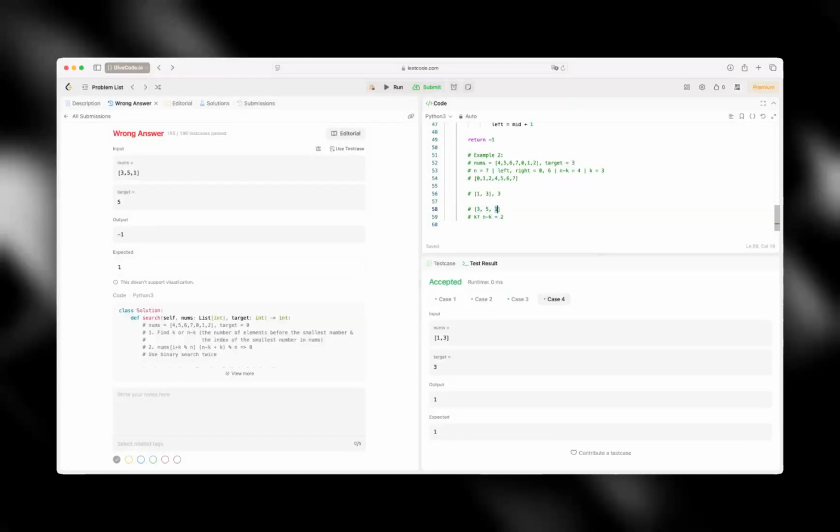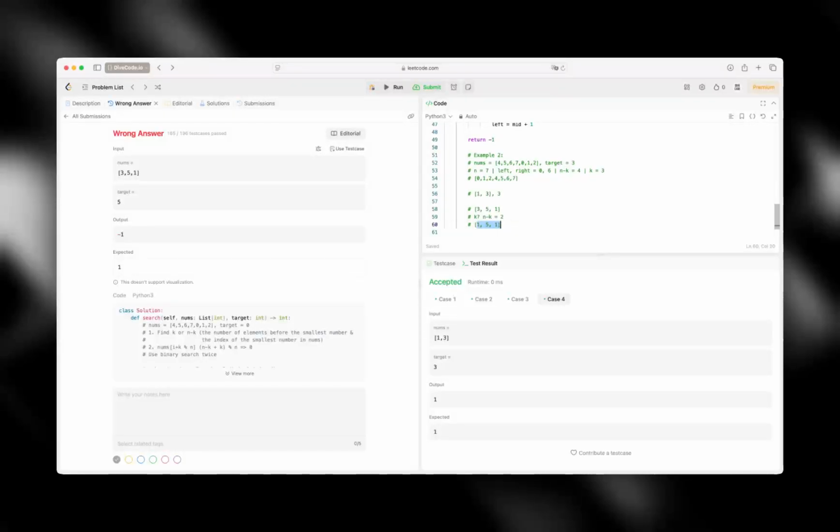0, 1, 2. And then for the solution, we are outputting -1, while 5 is there.